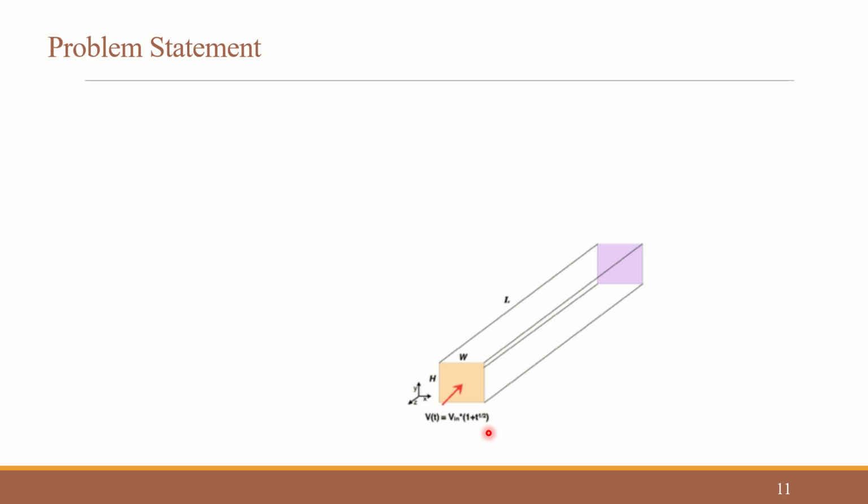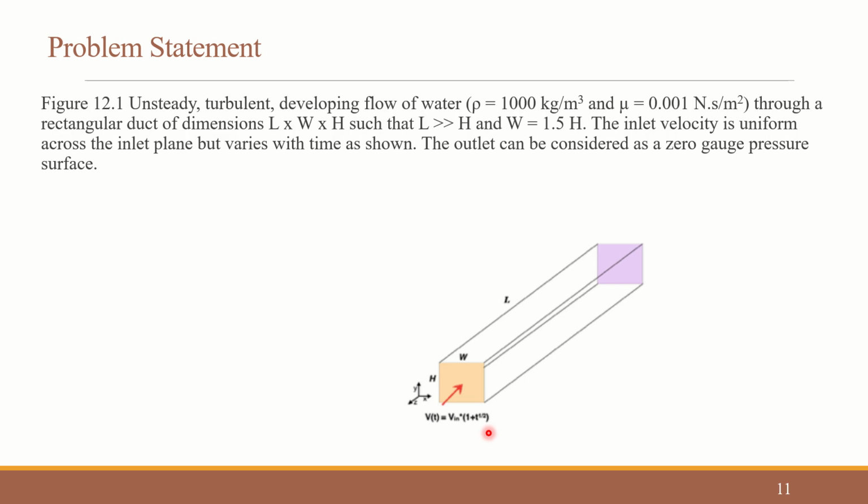So that is our inlet velocity. Consider this as figure 12.1, because in subsequent problems we will be denoting it as figure 12.1.